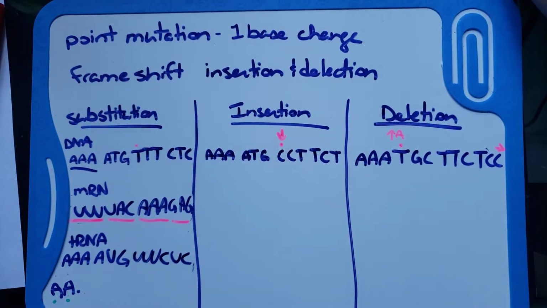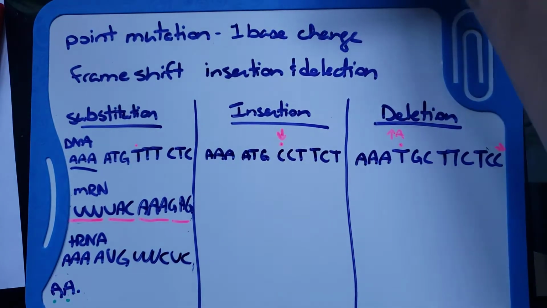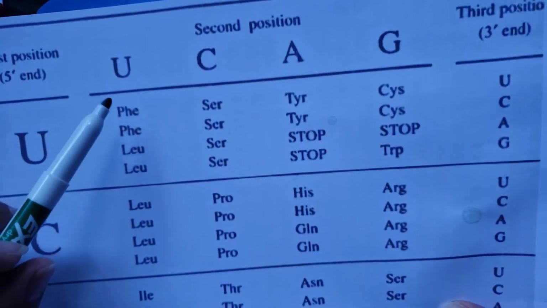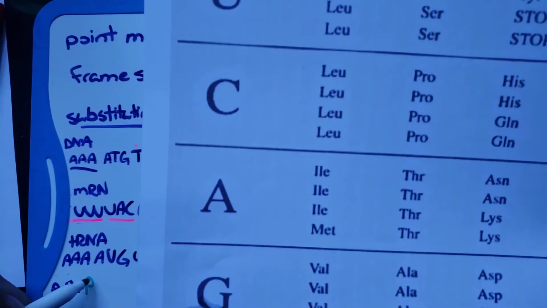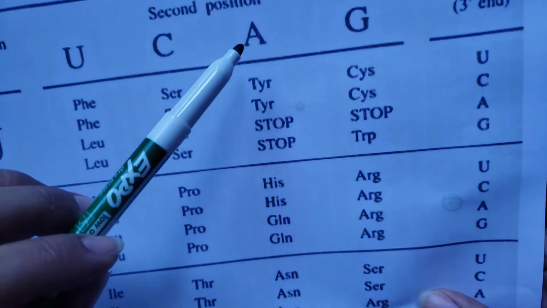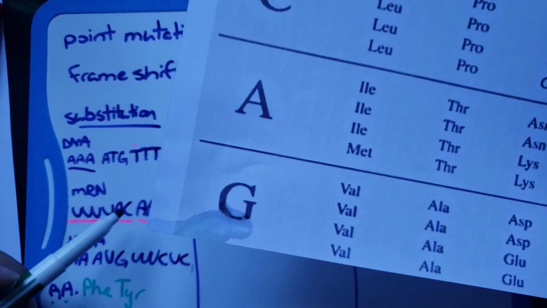If we look this up for the amino acid, we have U, Phi, which still did not change. Then we have UAC, a U, an A, a C, TYR.